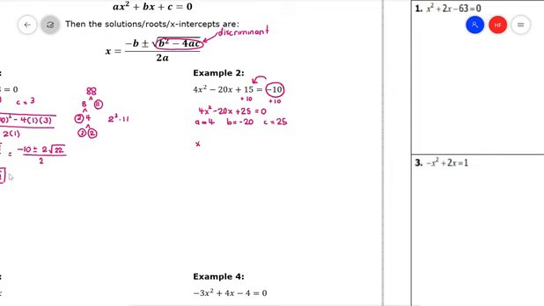So x equals negative b. So change the sign on b, plus or minus the square root of b squared, so negative 20 squared, minus 4 times a times c. And that's all over 2 times a.